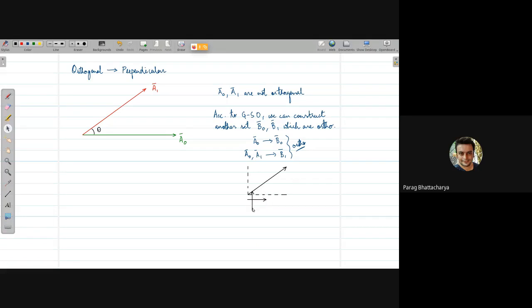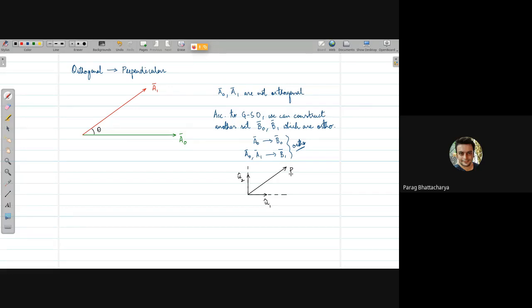Along both directions we'll have two unit vectors: one along the vertical, another along the horizontal. Let's give some names. This unit vector we call u1, unit vector 1, and this is unit vector u2, unit vector 2. Let us say this is some vector p.